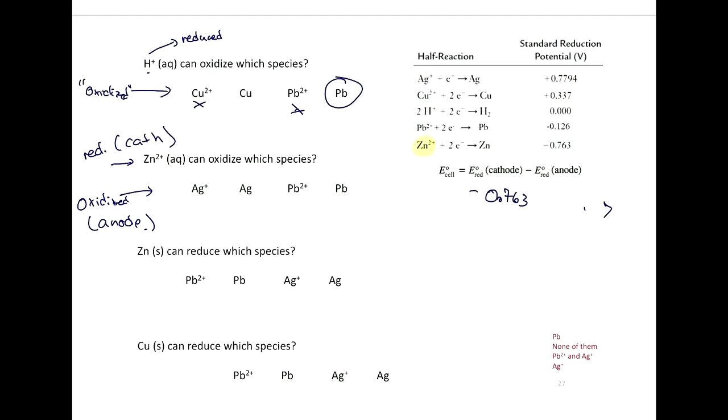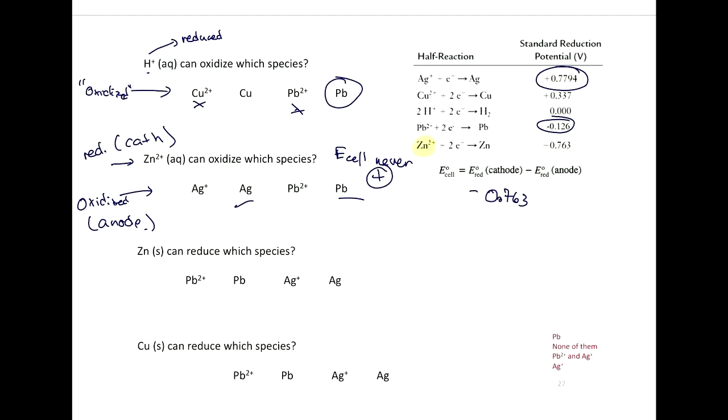So none of these numbers we can subtract from negative 0.76 to get a more positive number. So none of these can be oxidized by zinc 2 plus, because E cell is never positive for any of these combinations. If you look at silver and lead, lead is right here and here is silver. If you subtract those two numbers, we can never get a more positive number come out.